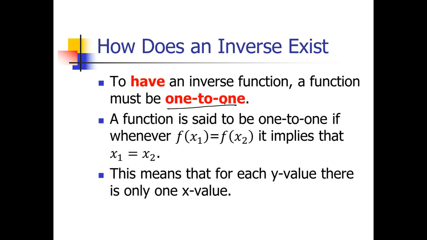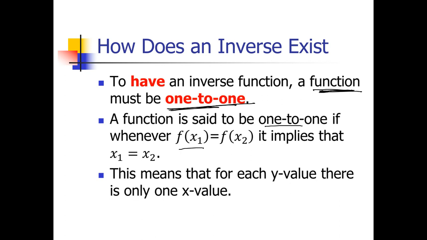Yung function lang po sa relation is yung one-to-one tsaka many-to-one. But for us to have an inverse function, yung given function daw po dapat is one-to-one. Yun po yung pinaka-rule. Kailangan masasabi siyang one-to-one kapag every domain has a unique value for your range. Kailangan isa-isa lang siya.